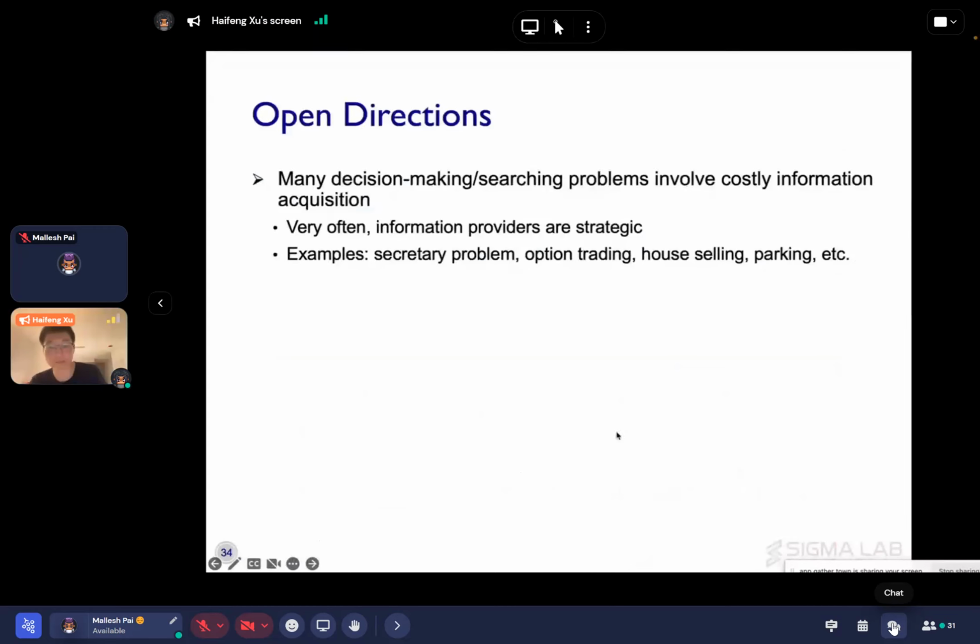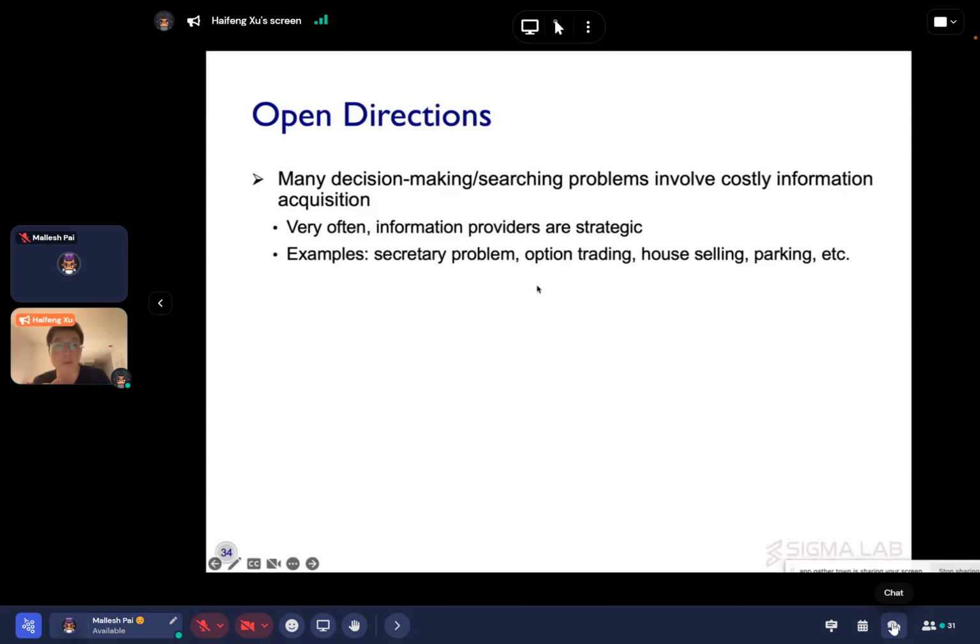And this is just one particular setup with one particular research question. In general, there are many decision making or search problems that involve this kind of costly information acquisition, just like in Pandora box. And very often in these problems, information providers are strategic. I think if you look at the security problem, it's also similar. In many natural applications of the security problem or the prophet inequality setups, the boxes are strategic.